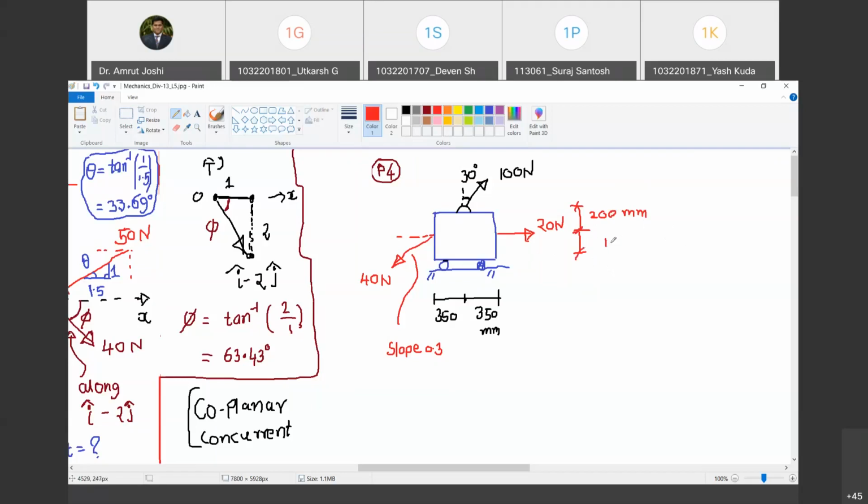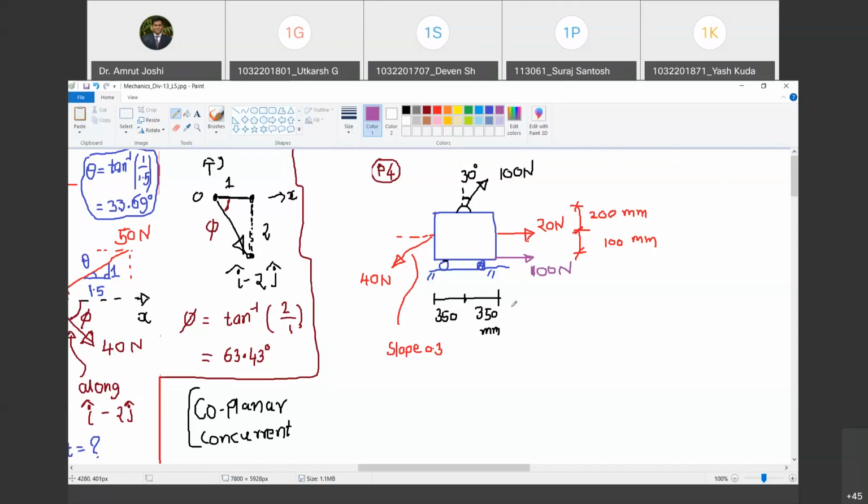Or let us make it 100 mm. Are you with me? Yes, sir. And one force additionally is applied here. Let us say that is 100 Newton. Happy? Yes, sir.